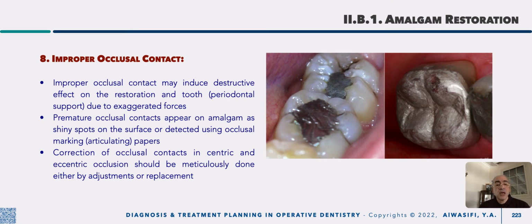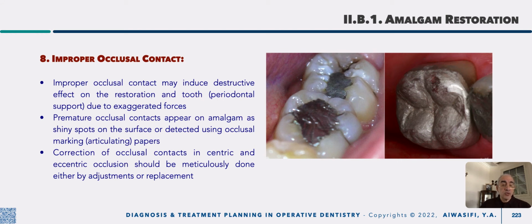But over time, this will create premature contacts that concentrate the occlusal force on this premature occlusal contact area. Soon the patient will feel tenderness and pain, and he could not bite, because you are overloading the periodontal fibers and the bone, and it may induce mobility of the tooth, and the tooth becomes tender.